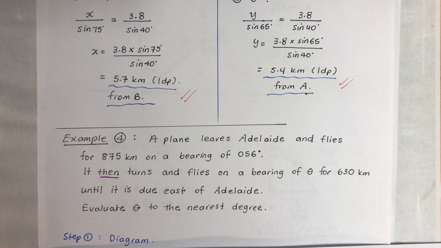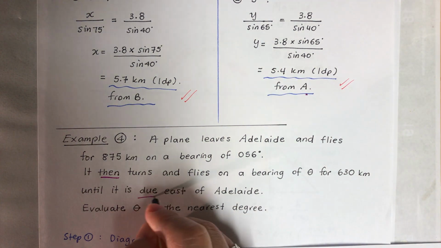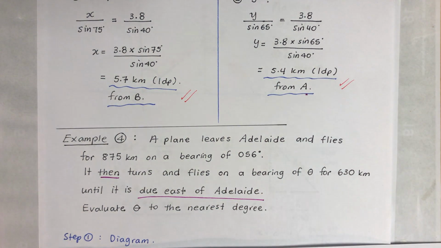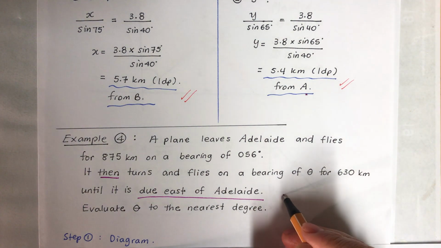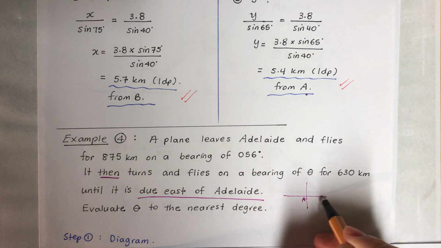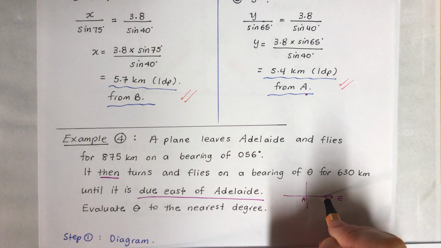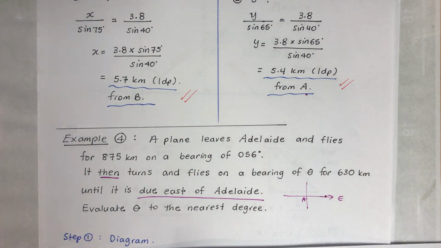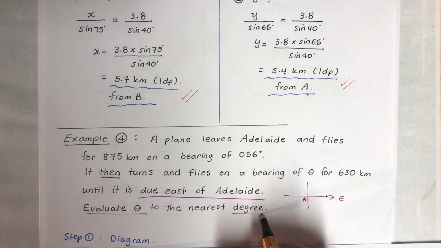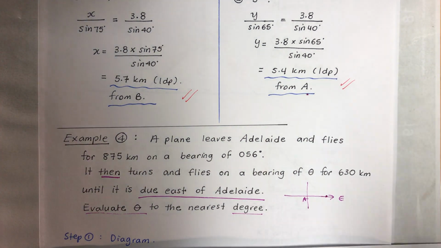So it turns and flies on a bearing of theta for 630 kilometers until it is due east of Adelaide. So it's on the Adelaide side, east, somewhere right there. Okay, and find theta to the nearest degree.